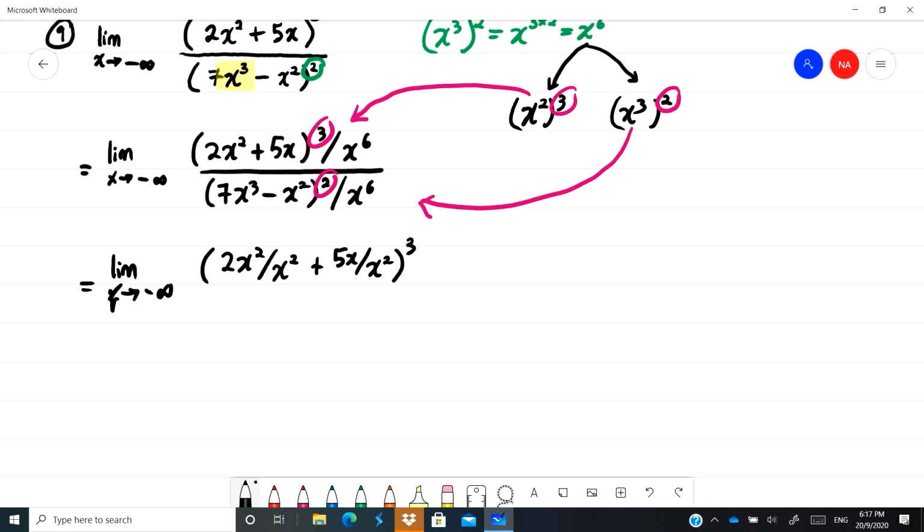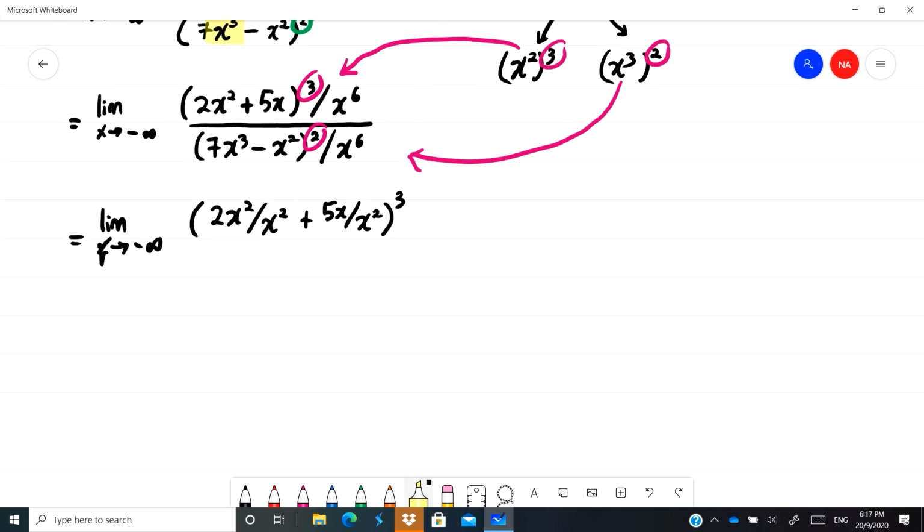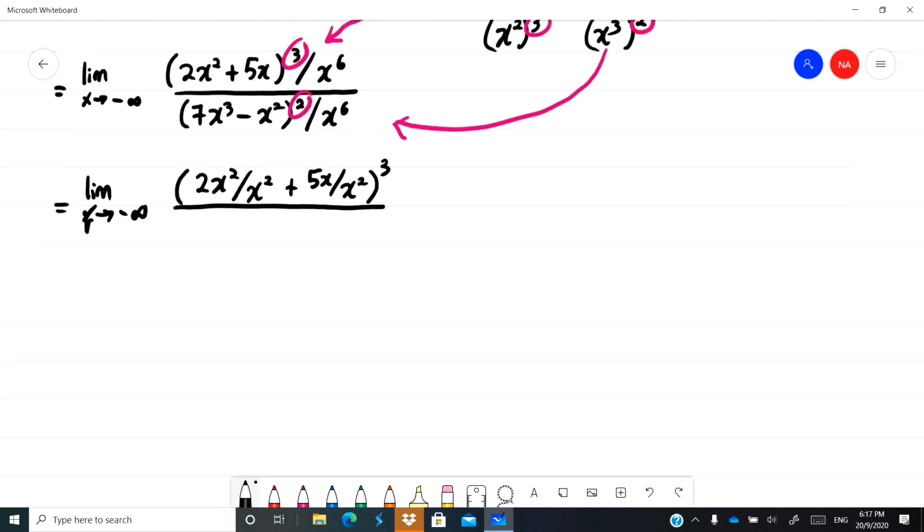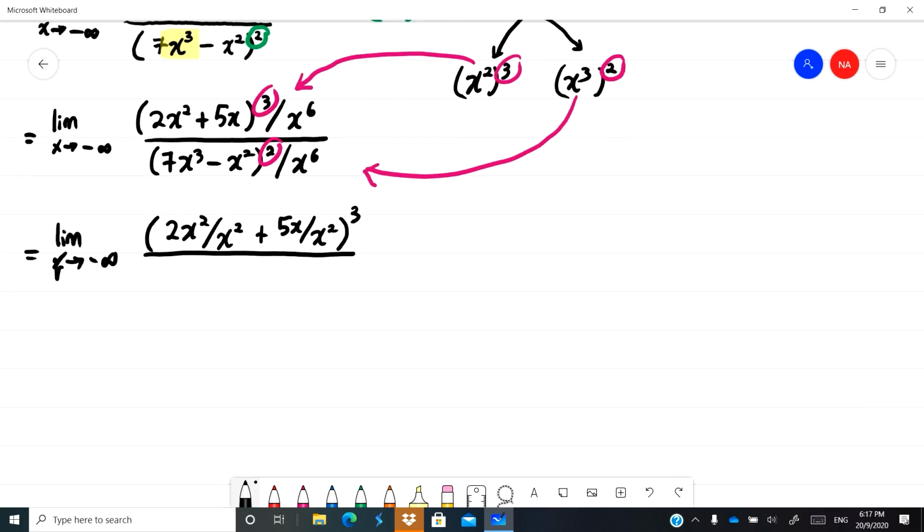Because if we multiply x^2 with the power of 3, we get x^6. So the same goes here. We put inside the bracket that each term will be divided by x^2 at the numerator. Now at the denominator, what happens? What we put inside the bracket is x^3, so each term will be divided by x^3.